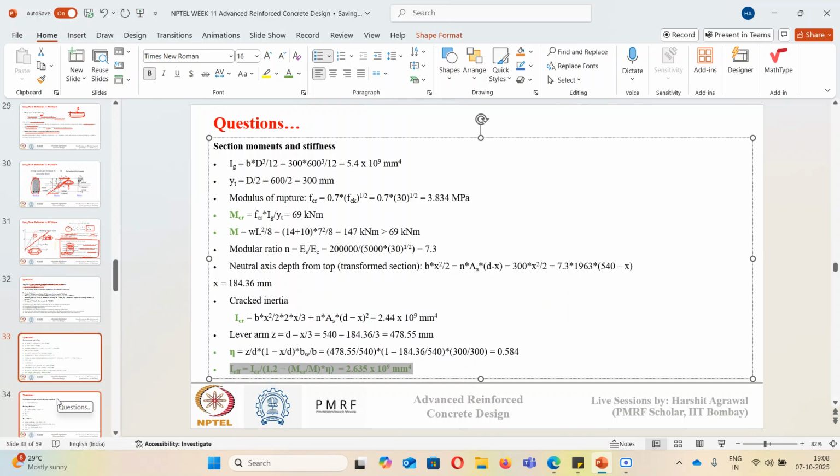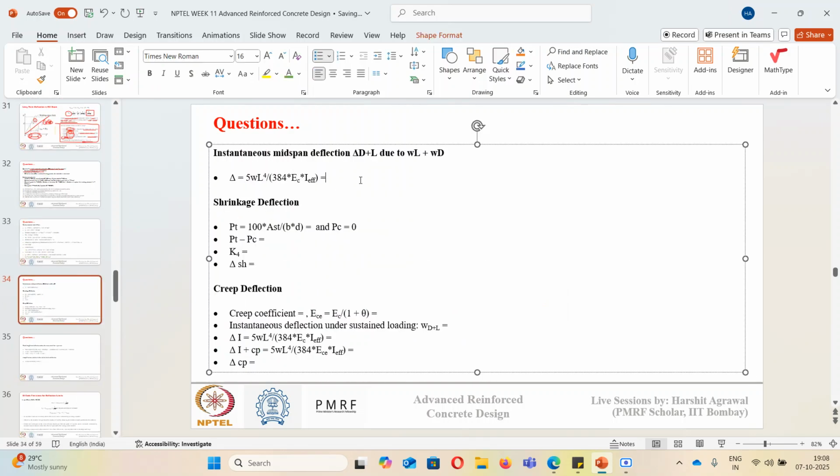Now from I effective, how can we calculate the total deflection? For a simply supported beam under uniformly distributed load, the deflection is given as 5wL to the power 4 upon 384 EI. So we know w is 24 times L to the power 4. 7 meter I will convert into mm, so 7000 to the power 4 divided by 384 EI.